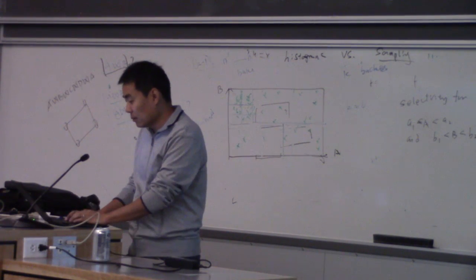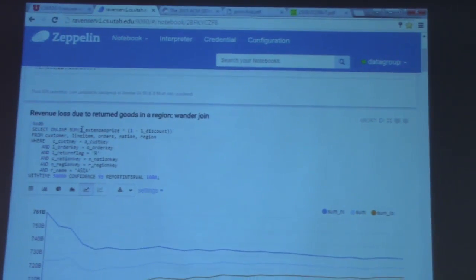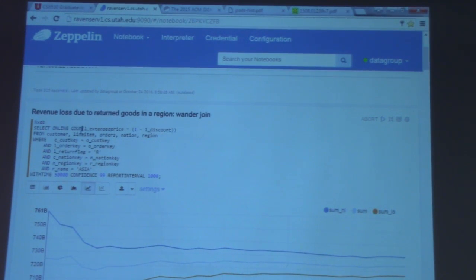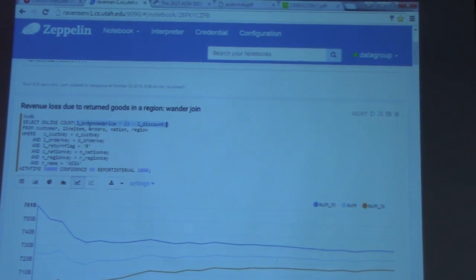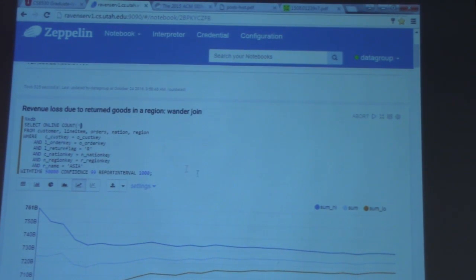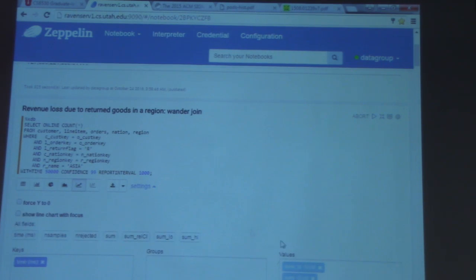So look at the system now. I'm going to change this to count. And I will update this value here.